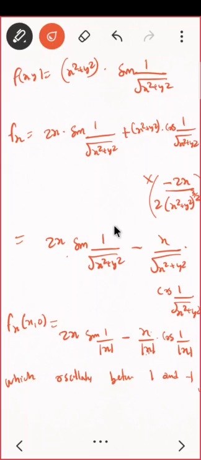It implies fx is not continuous in any neighborhood of 0,0. Do you see? Because I took the neighborhood where I keep x as it is and put y as 0, then I am getting this, which oscillates between 1 and minus 1. So there is the issue: fx is not continuous in this neighborhood. Similarly for fy.